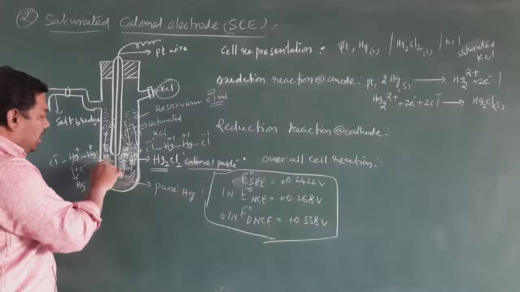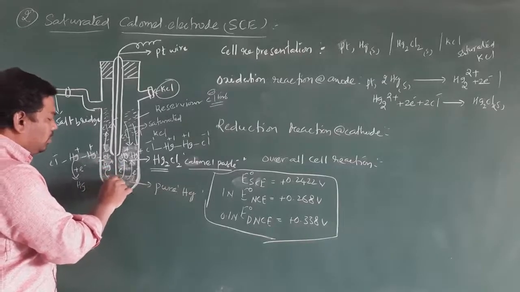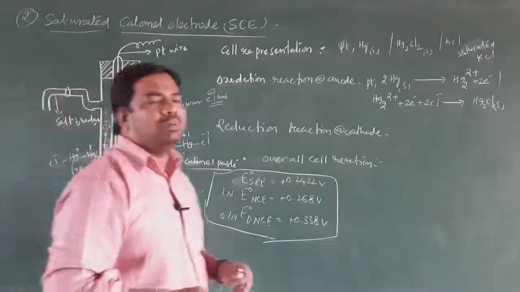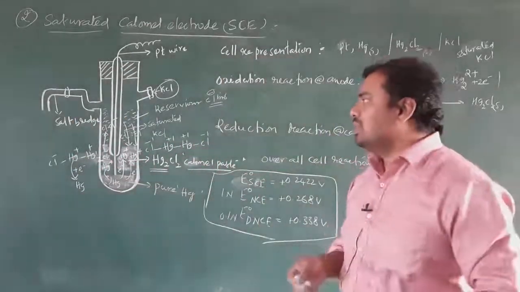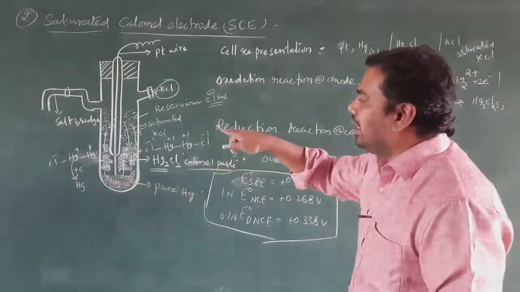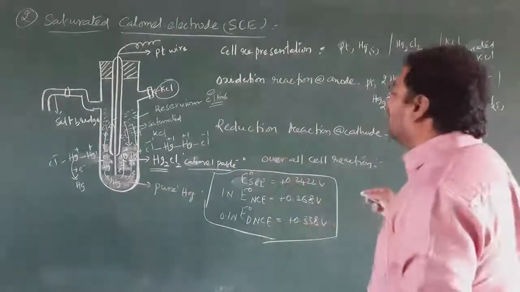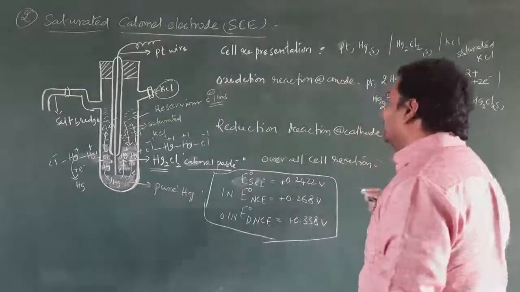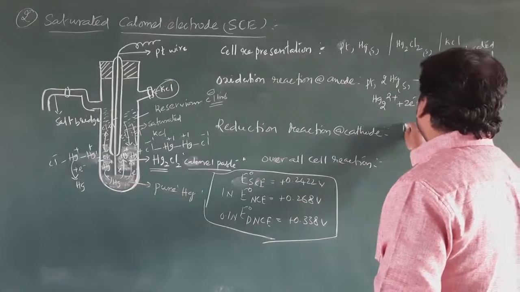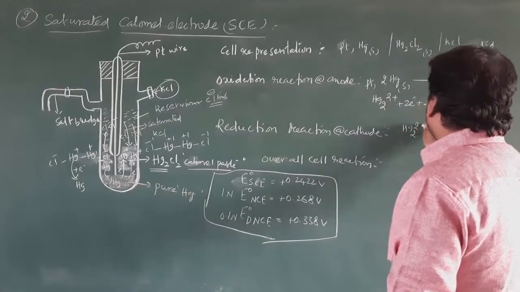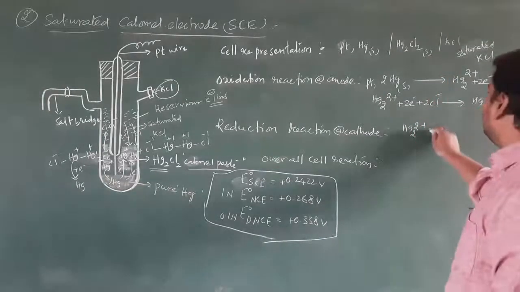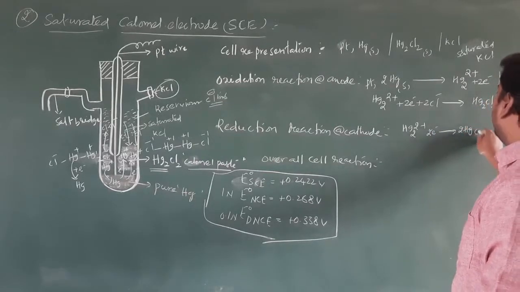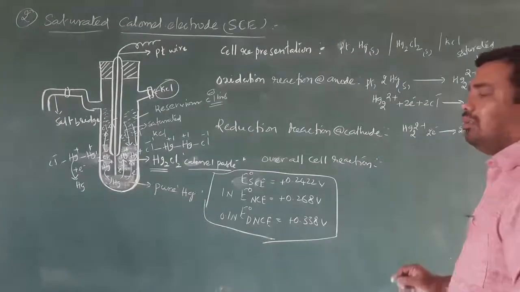So this Hg+ is converted into Hg, and again Hg is converted into Hg, which means a reversible reaction takes place. Here I will write the reduction reaction at the cathode. That is Hg2 2+ plus 2 electrons gives rise to 2Hg solid at the platinum wire.